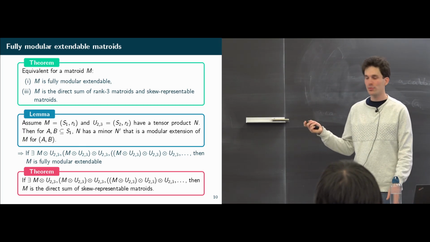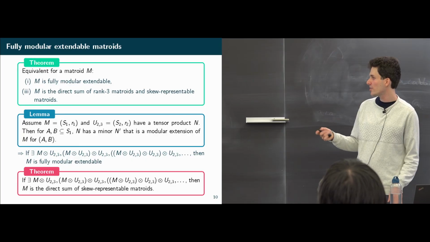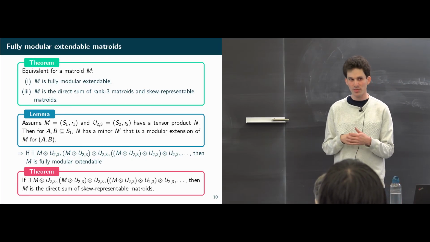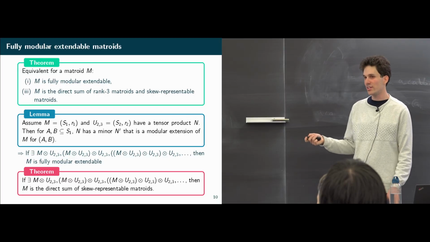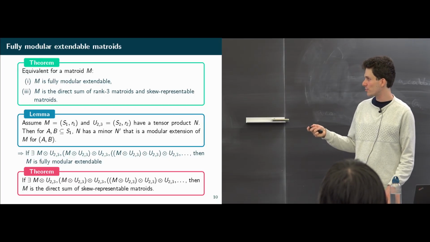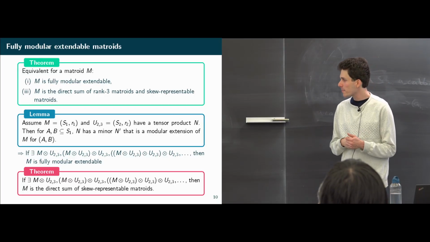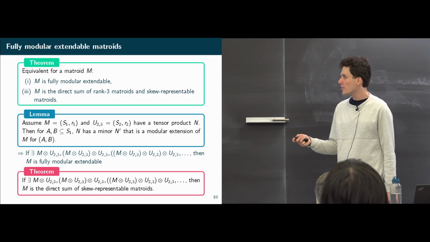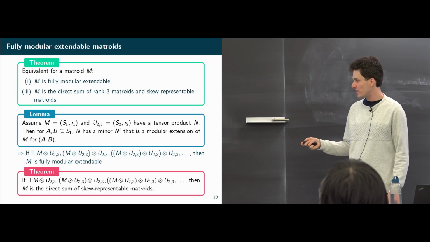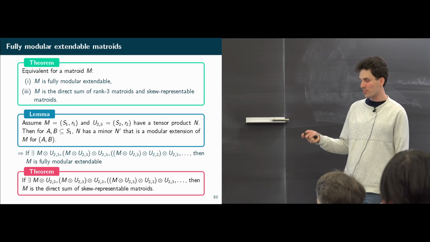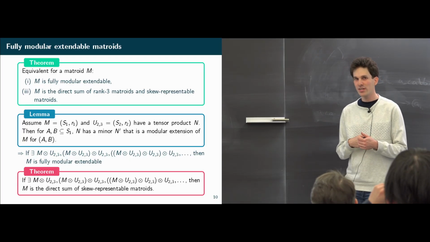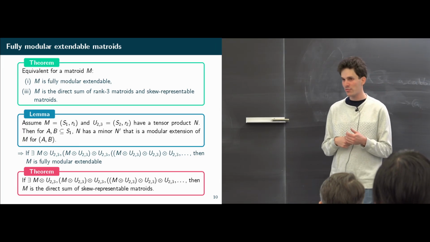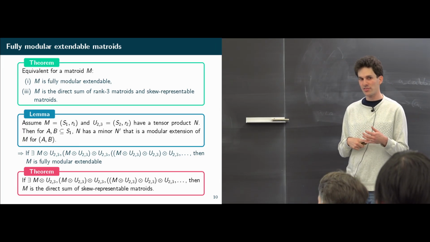And then using this first theorem, we get that the matrix is the direct sum of rank 3 and skew-representable matrices. Interestingly, in our main theorem, we can remove this rank 3 case, because we can apply the statement to the tensor product of N and U2,3, and then conclude that this matrix is the direct sum of rank 3 and skew-representable matrices.